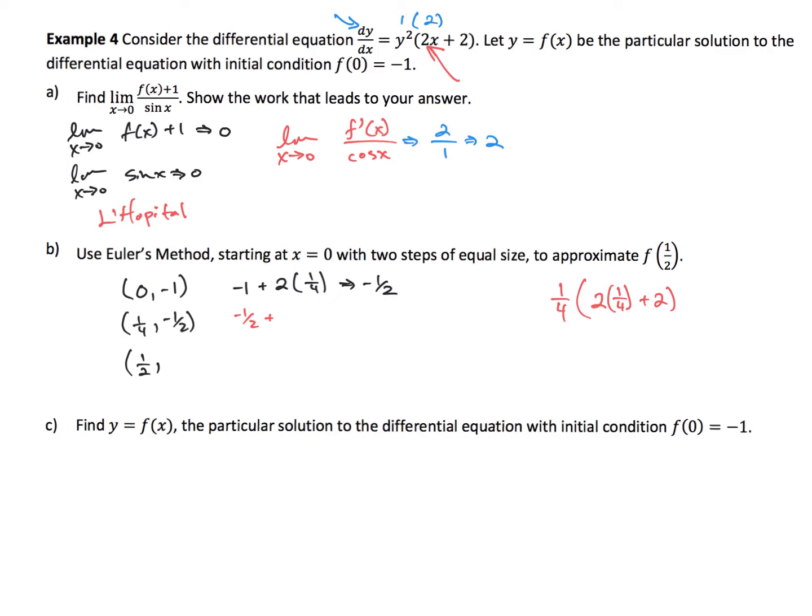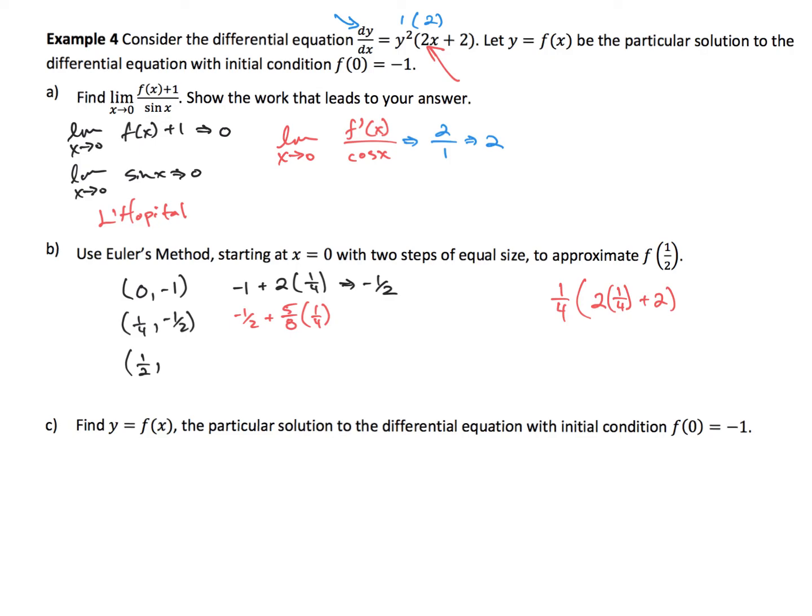How do I want you to think of that? 5 halves. Good. So 5 halves times 1/4 is what? 5/8. Love it. Then what am I multiplying with? 1/4. All right. So 5/8 times 1/4 is 5/32. All right. So we got 5/32s, and then -1/2.